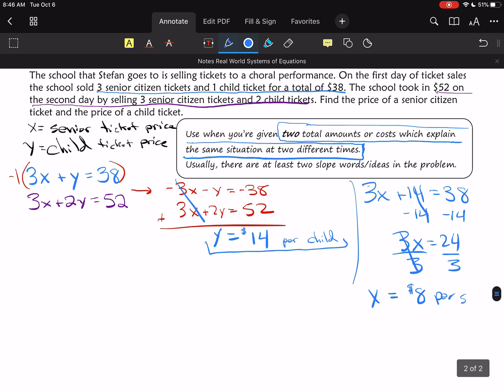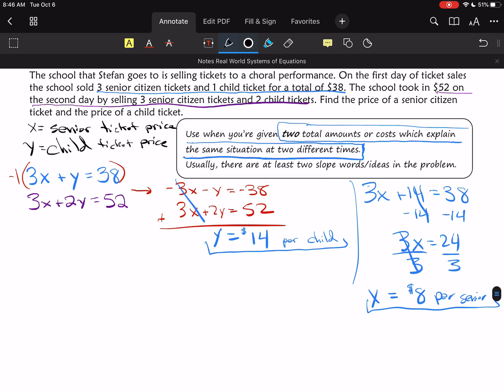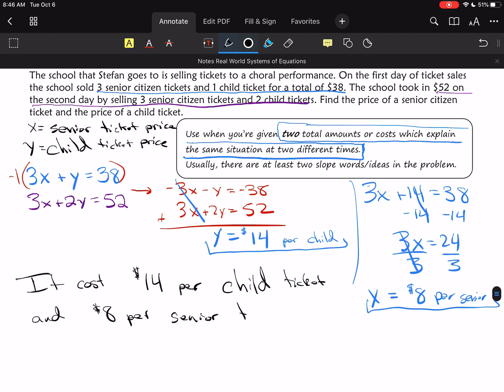So my final answer, it costs $14 per child ticket and $8 per senior ticket. And that's it.